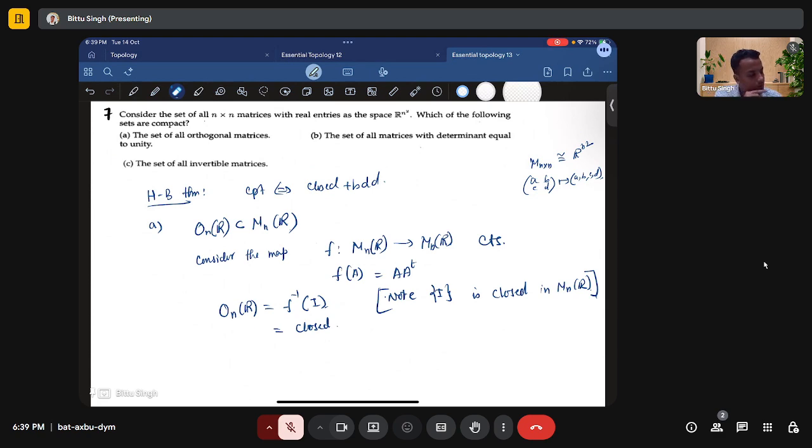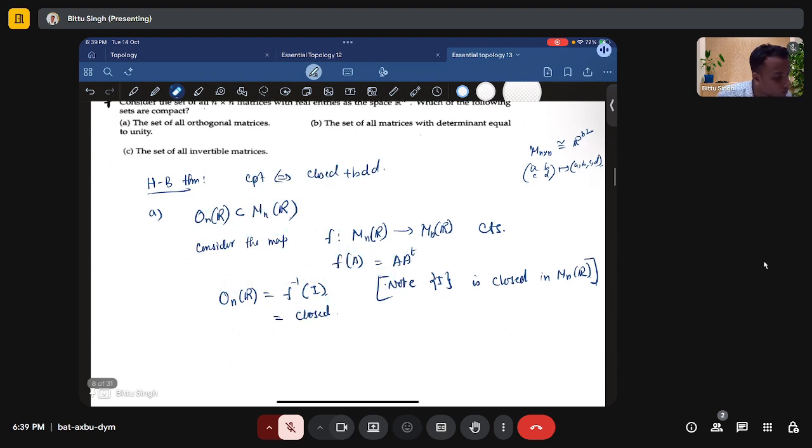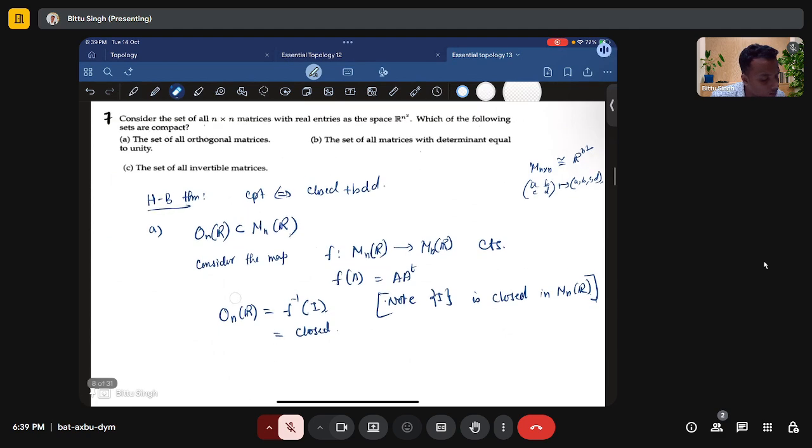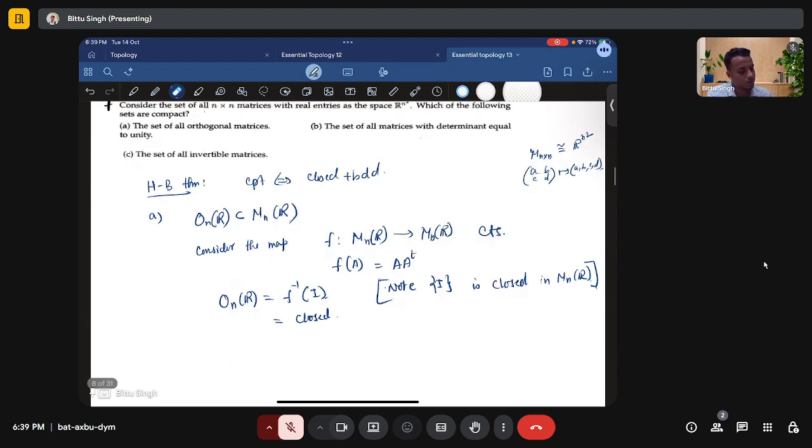Okay, we'll check it. Before that, let us see which of these are not compact. The set of all invertible matrices and the set of all matrices with determinant equal to 1. So B is not true.